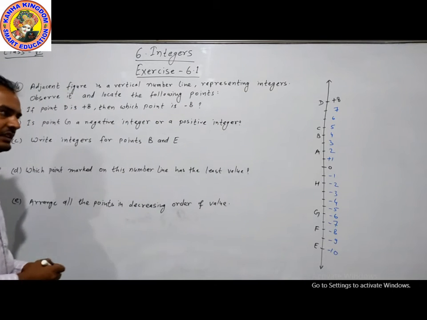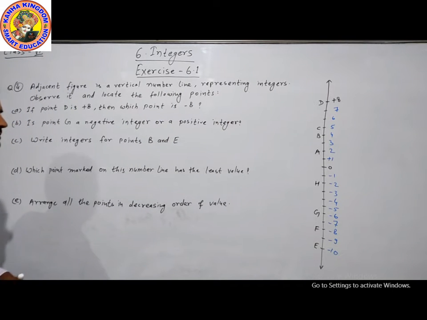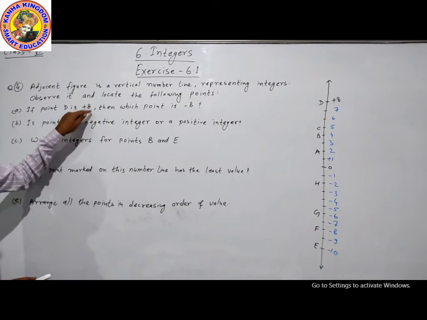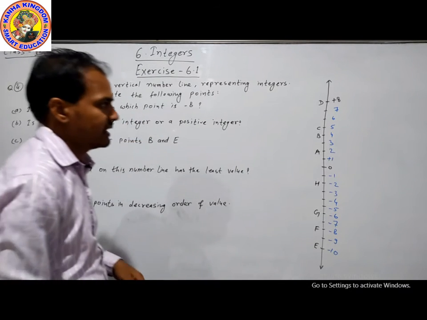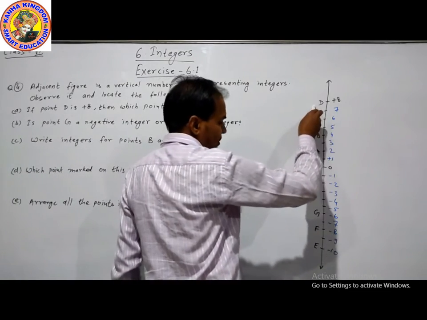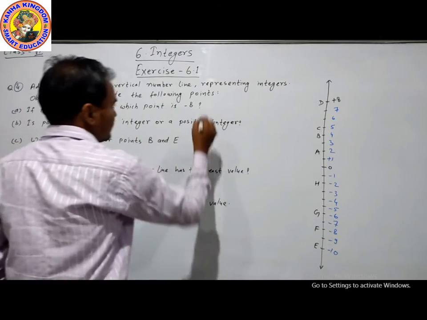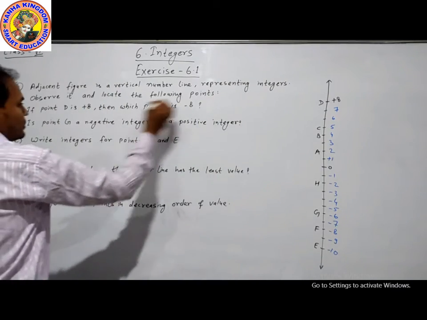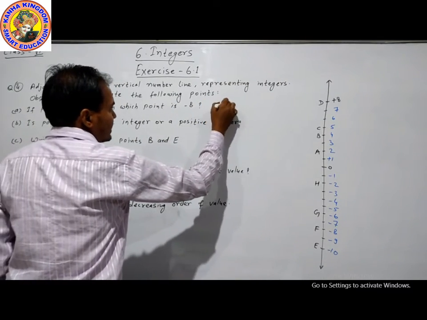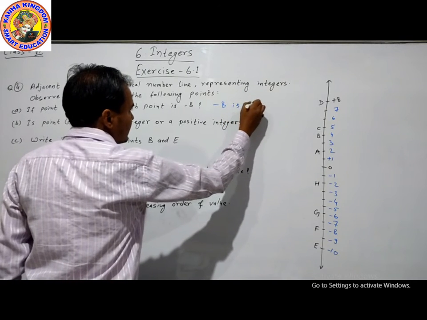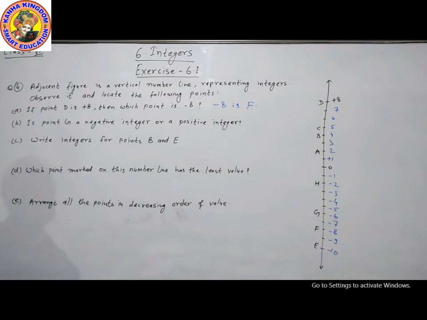These are the numbers on the number line. Now, if point D is plus 8, then which point is minus 8? Plus 8 is D, minus 8 is F. The answer is minus 8 is F.